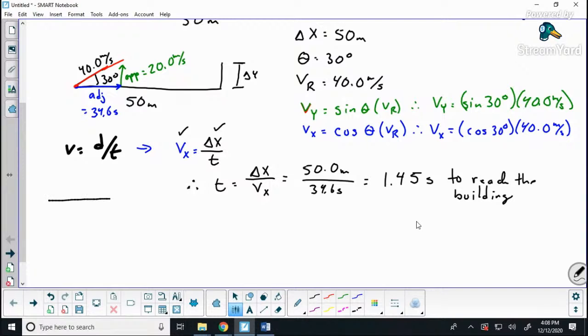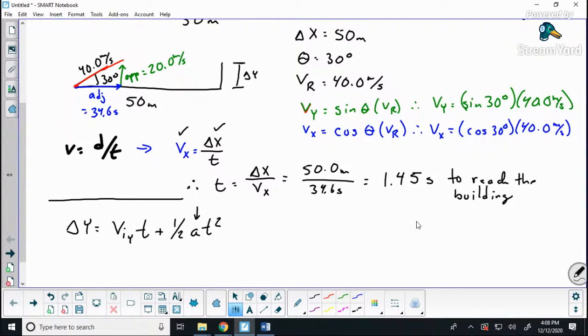So at this point, I can use the kinematic equation that says delta y, the change in the height, is going to equal the initial velocity in the y times time plus 1/2 a t squared. That water in the y-axis is working against acceleration due to gravity, and we have to take it into account. That's why it's in this equation.